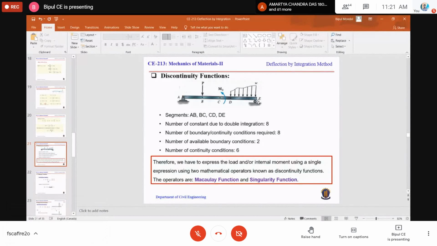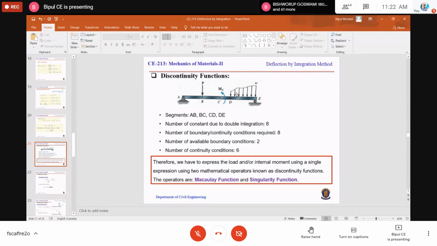So in this type of problem, we can apply the discontinuity functions to solve the problem. So the condition is, if there is any distributed load, the distributed load must end at the end of the beam. But the concentrated force may be applied anywhere within the beam, and the concentrated moment can be applied anywhere within the beam.